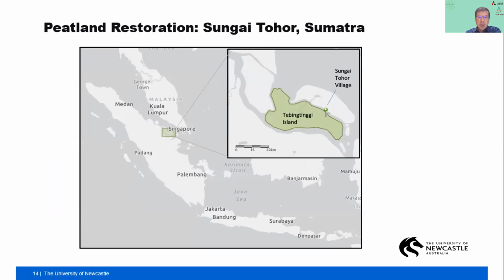So this example is in the project in Sungai Tohor. It is in Sumatra. As you can see, the island of Sumatra, which is not very far. This place, Tebing Tinggi Island, is not far from Singapore, just a ferry ride of 2 to 3 hours. We reached there. Our project is in this community.